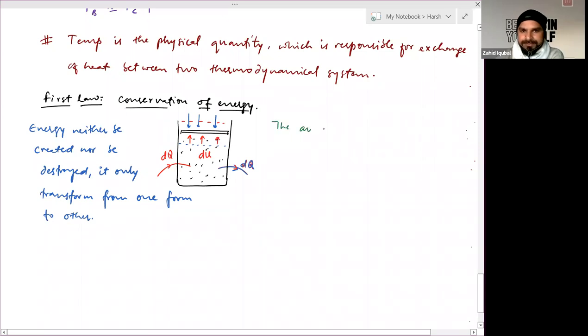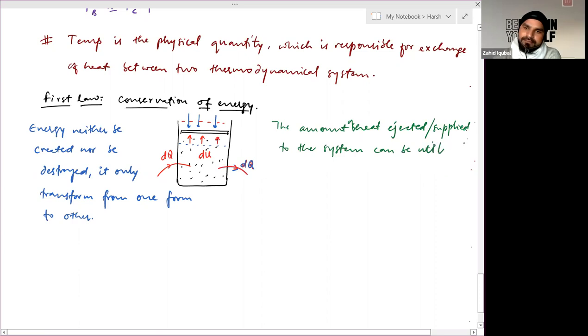The amount of heat ejected or supplied to the system can be utilized in changing internal energy and work done.